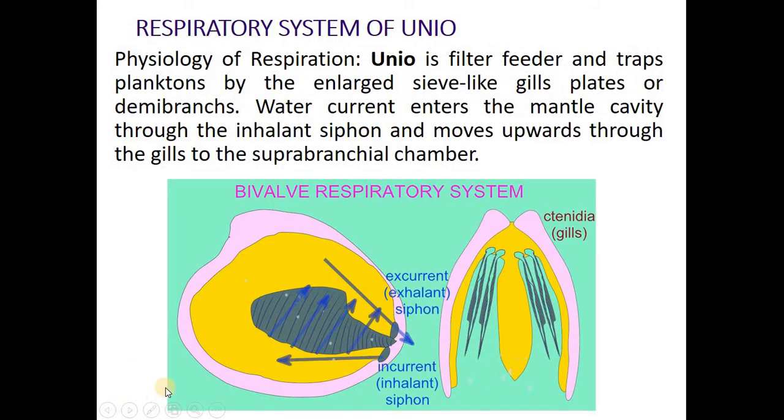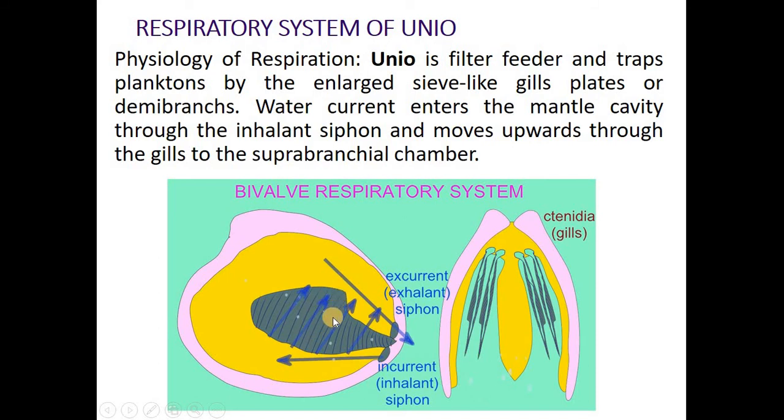Now, physiology of respiration. We know the Unio is a filter feeder and traps plankton by the enlarged sieve-like plates or demibranchs. The water currents enter the mantle cavity through the inhalant siphon and move upward through the gills to the suprabranchial chamber. Here you observe this is the inhalant siphon where the water is entering, and this water moves upwards, and here we have the gills or the ctenidia where there are a lot of ostia through which the exchange of gases takes place.